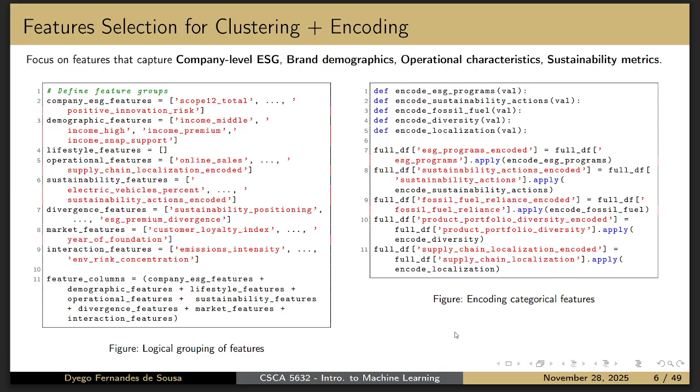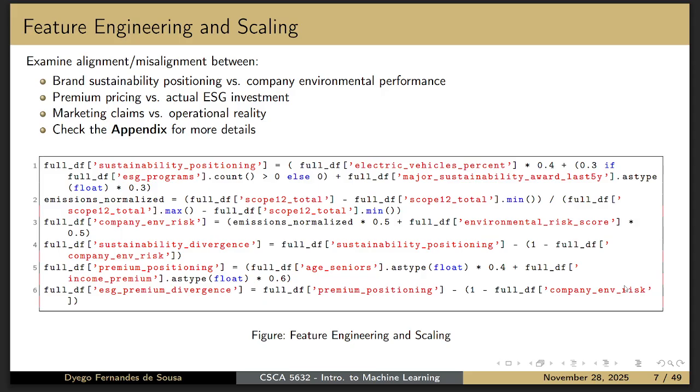As we all know, PCA needs numerical features in order to perform, and I needed to convert many of the categorical variables or categorical features to numerical in order to apply PCA. So again, feel free to check the appendix and the repository for more information.